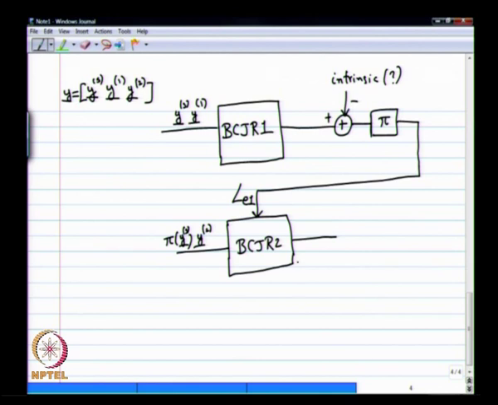So you don't stop here. What you do next is again subtract the intrinsic component, and you should also subtract the effect of LE1. You should not feed back that same information to BCJR1, since it gave you LE1.